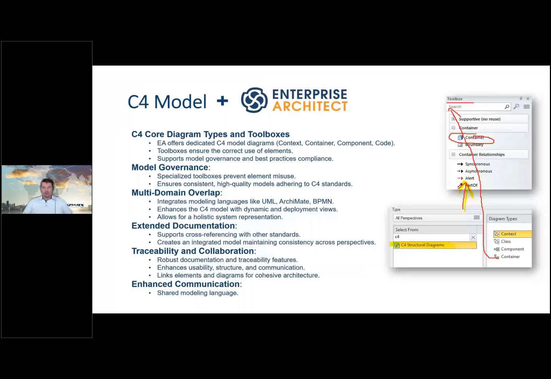With strong traceability features, EA links elements and diagrams, improving collaboration among team members. Plus, it bridges the gap between technical and non-technical stakeholders by providing a shared modeling language to keep everyone on the same page. So once you have it introduced as the modeling language using the MDG technology, you share a standardized way to depict your architecture across the team or across your whole organization.